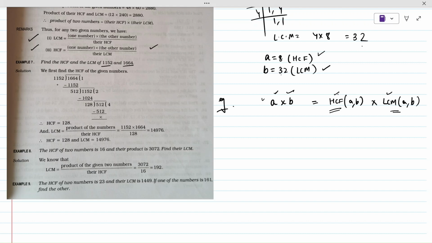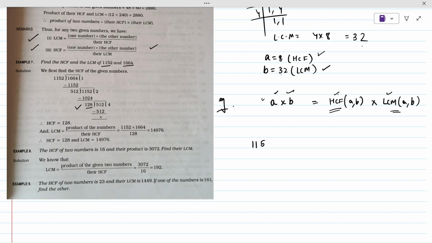So we are dividing 1664 by 1152 and we have got 128 as the HCF using the division method. So now we know one number, we know the other number, which is B here, and we also know the HCF. We have just found 128 and we can always find out the value of LCM.